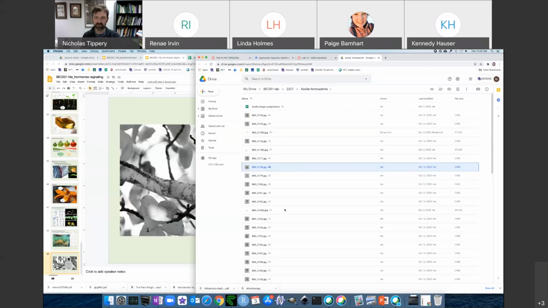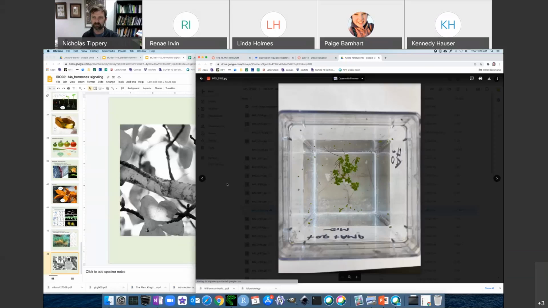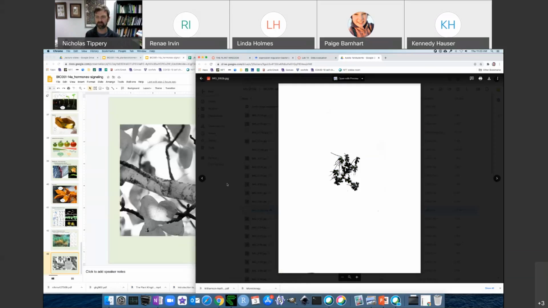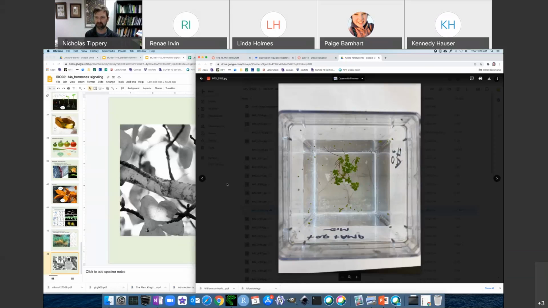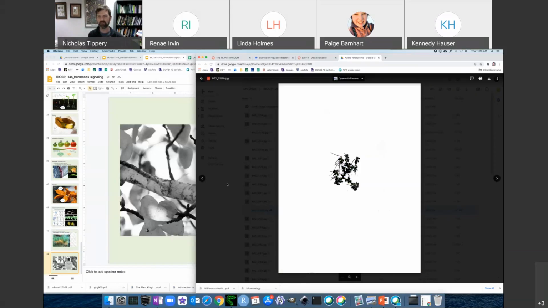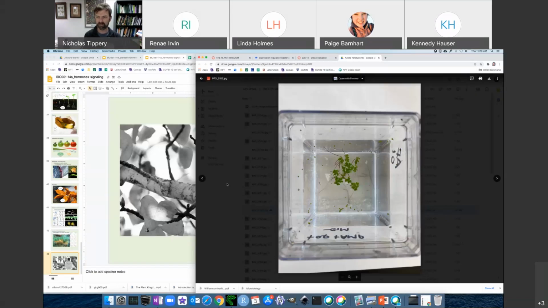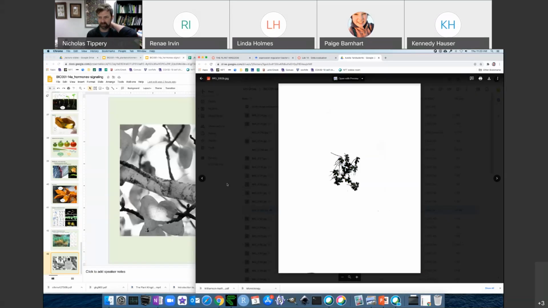The goal is to take the images that I have and trim them down so that only the water fern is there. I've done some of these you can look at, and I've got a video that guides you through the process. If everybody can do that this week, I can analyze the data and see if we see anything, and we'll revisit that sometime next week. That's the lab for this week.